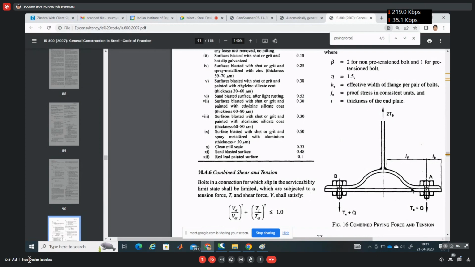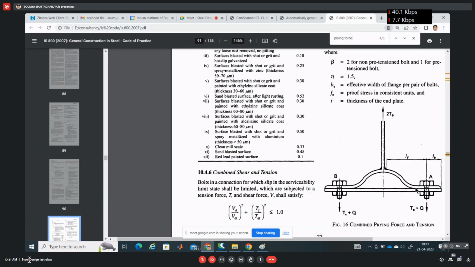If your base plate thickness is less, say 12 mm or 16 mm, then what may happen? Because of the wind, the column gets uplifted, and the base plate connected with the column will also flex.